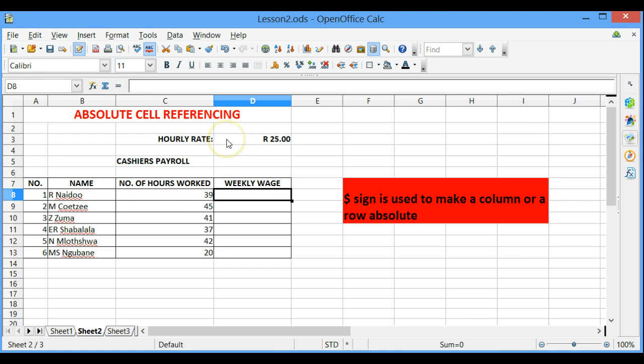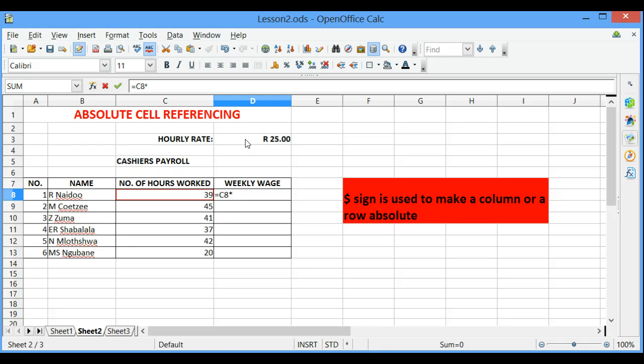The hourly rate for all employees is 25 rands per hour. So I'm going to type the formula in cell D8 as equal to the number of hours worked is contained in cell C8 times the hourly rate which is contained in cell D3.